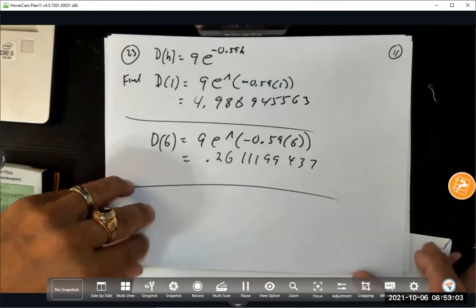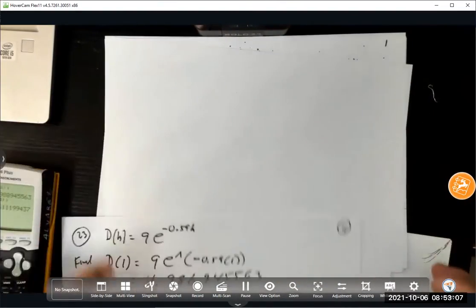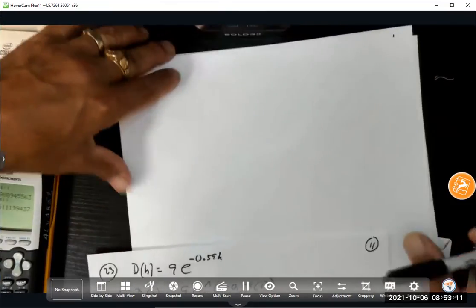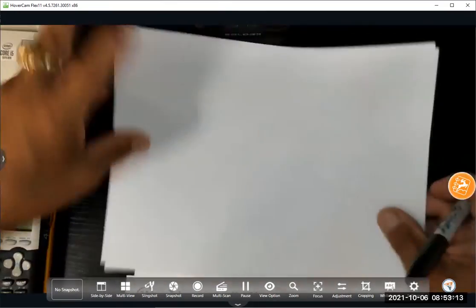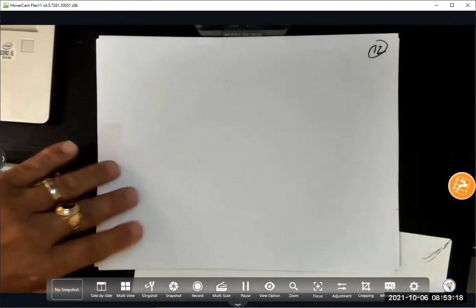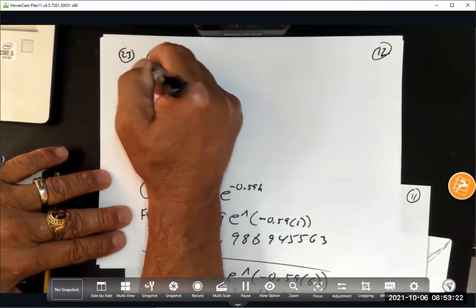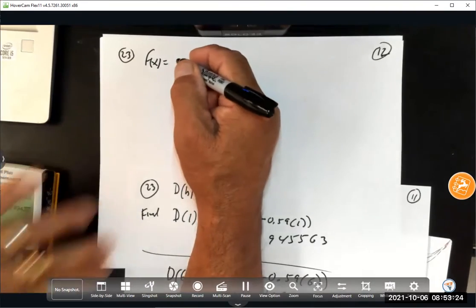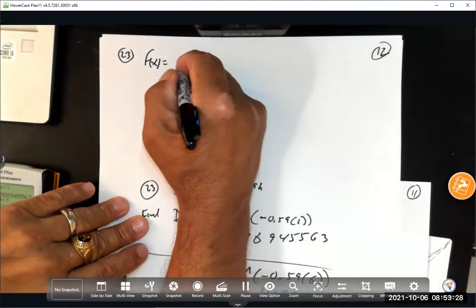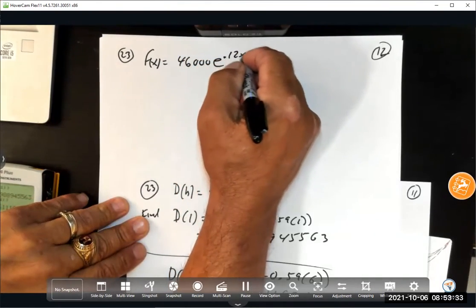Can we do another example of this? Same thing. Let's go to page 12 here. Hold on a second. All right, page 12. I'm going to change the problem. Same problem, 23 again. F of x is, just do this one here. It's 46,000 e to the 0.12x.